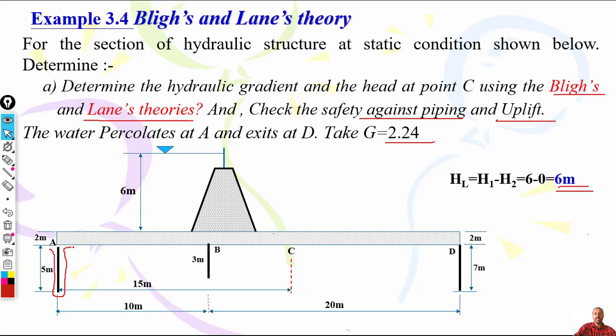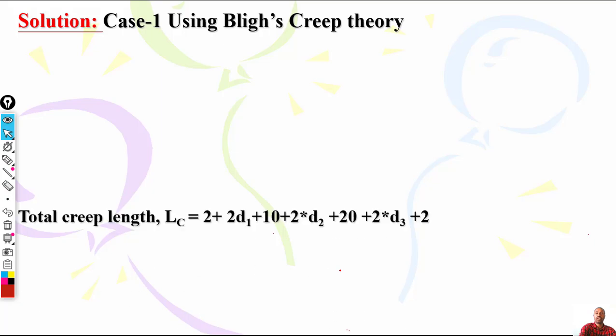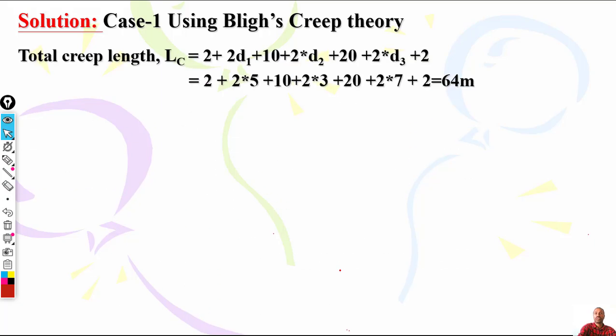You have 2 times D1, then 10 meters, then again 2 times D2, then it goes like this, 20 meters, which is this dimension from here up to here. Then you have 2 times D3. This is the total creep length according to Bligh's theory, so you get 64 meters.